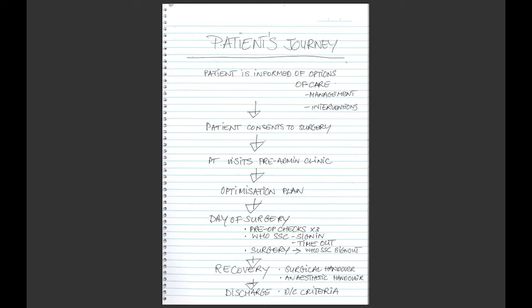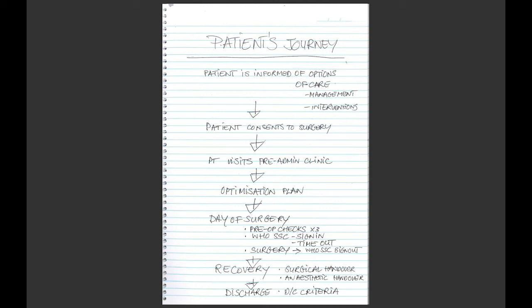So the options of care, the options of management of their injury or disease, and also need to be informed about the interventions and the consequences of that. For example, yes, you can do surgery, but there's also the idea of not doing surgery. You can get pharmaceutical treatment, you might go for natural therapies, all these kinds of things.